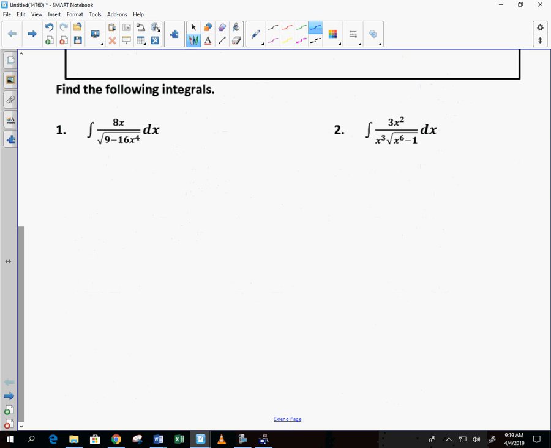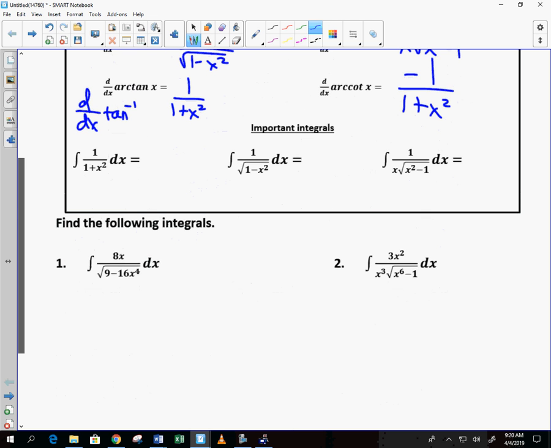All right. So let's try to find these antiderivatives. So here's the rule: the antiderivative of 1 over 1 plus x squared dx is arctangent, or tangent inverse, of x plus a constant. And the antiderivative of 1 over the root of 1 minus x squared dx is arcsine.